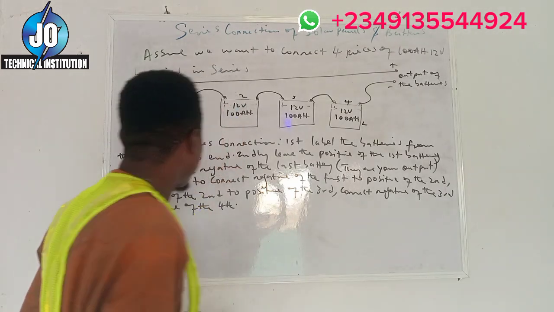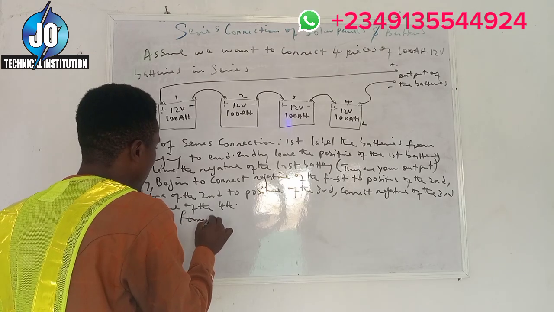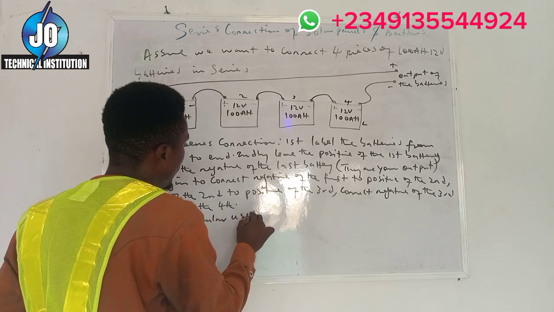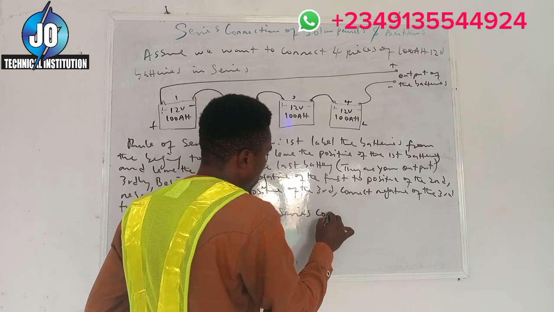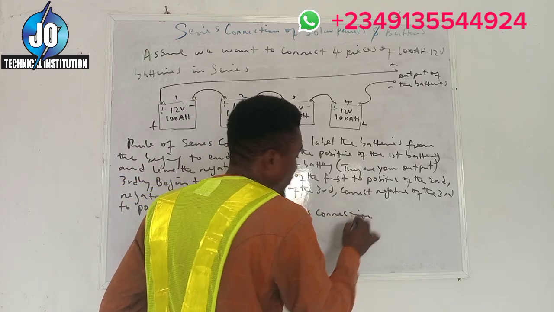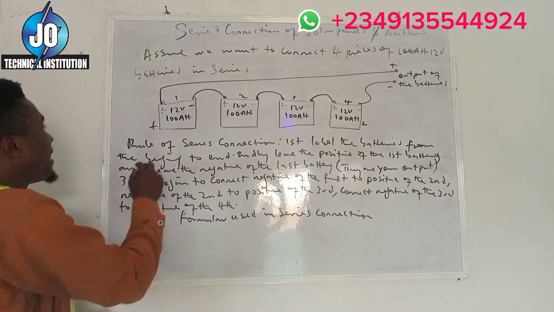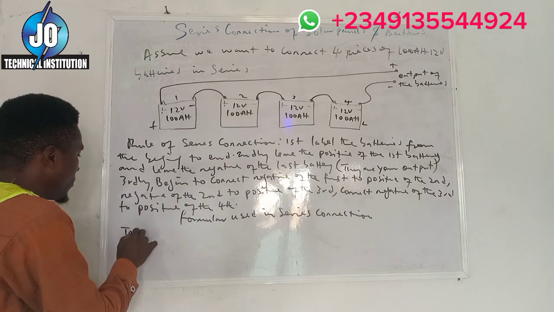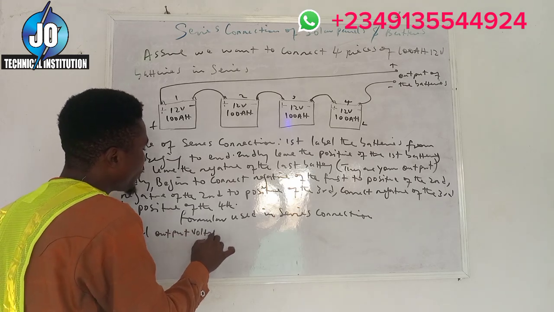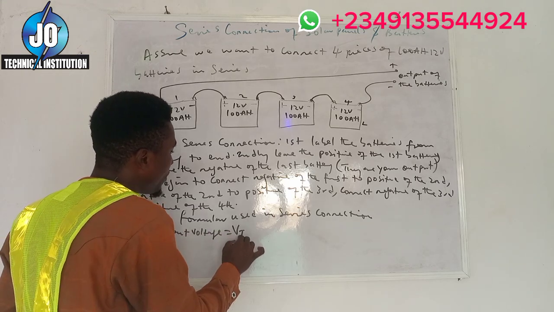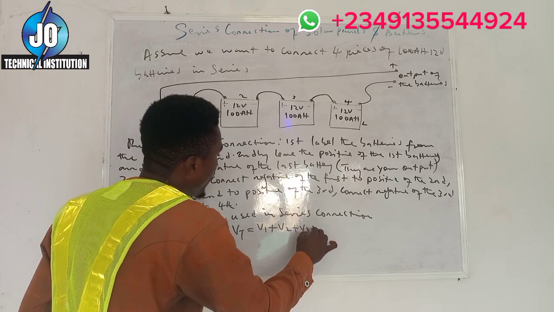Now, apart from that, we also have formulas used in series connection. When you are connecting in series, the total output voltage, which we call V total, is equal to V1 plus V2 plus V3 plus V4.